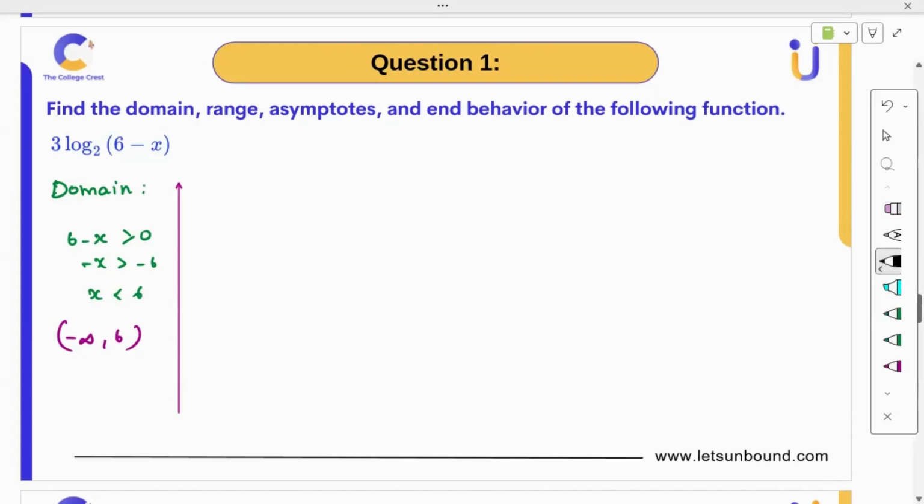Okay, now coming to range. The range is always minus infinity to plus infinity. Whatever the log graph, all real numbers will be the range.